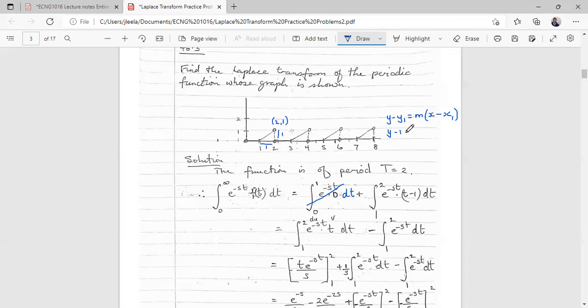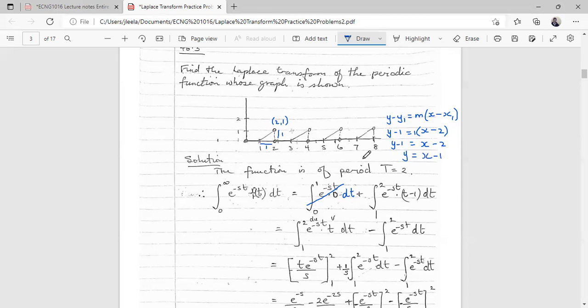So y minus 1 equals 1 times x minus 2, which means y will be, carrying the 1 over, x minus 1.